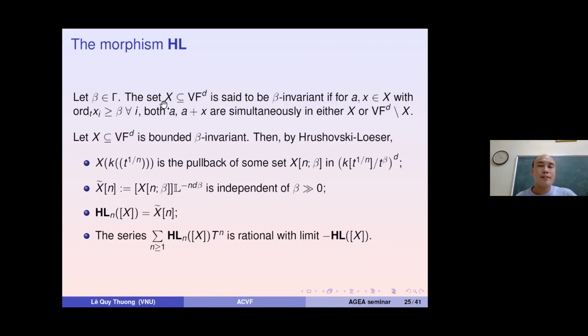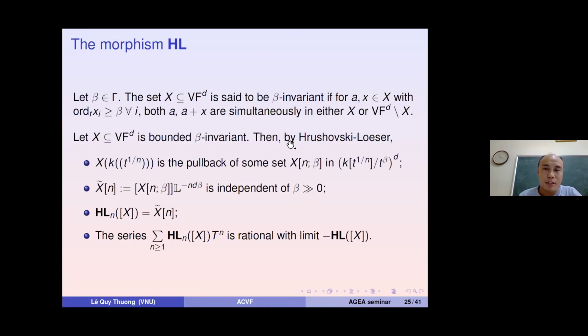The set X, a definable subset of VF to the power d, is said to be beta invariant if for every a in X, and x with order of x_i greater or equal to beta for some i, both a and a plus x are simultaneously in X or in its complement in VF^d.